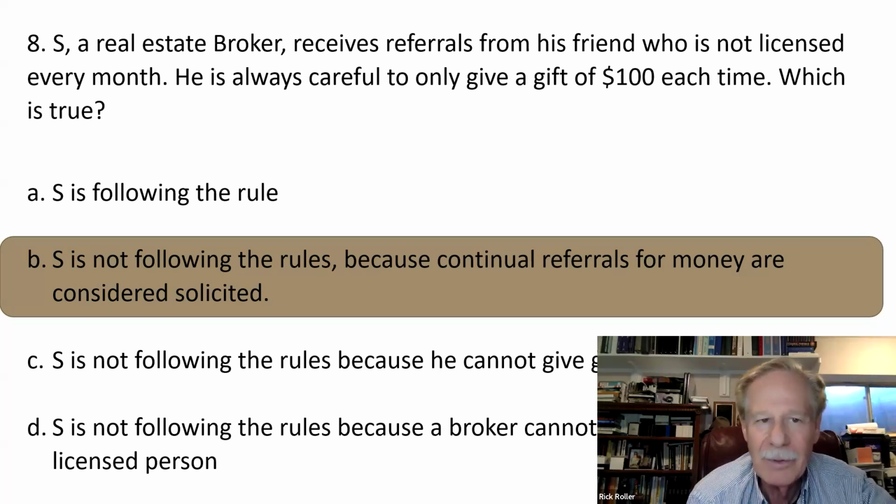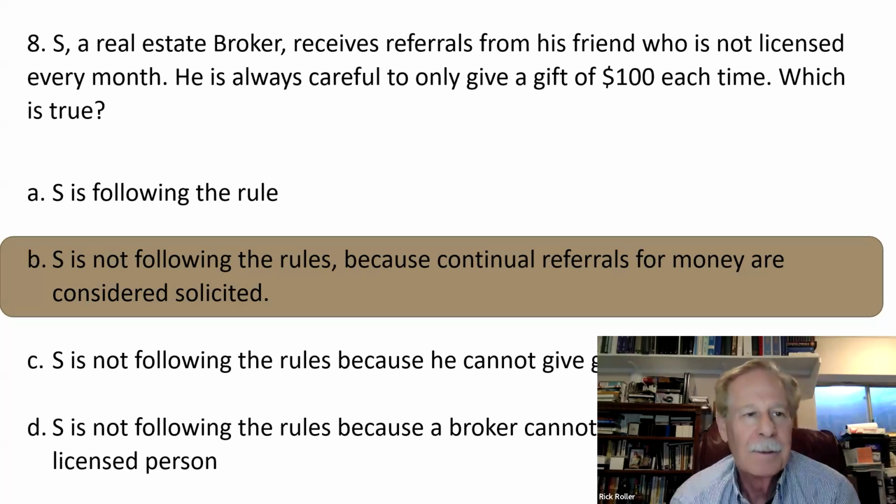It has to be an unsolicited referral. Okay, so take that any way you want to take it. But if it's going to be a regular thing, really the best course of action would be to get that individual, this friend, licensed so that they could legitimately receive referrals. And they probably get more than $100 each too.